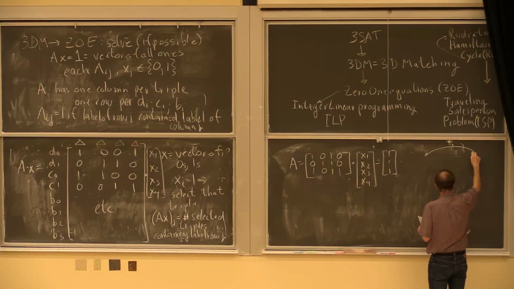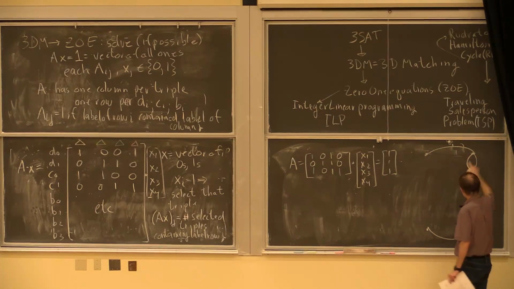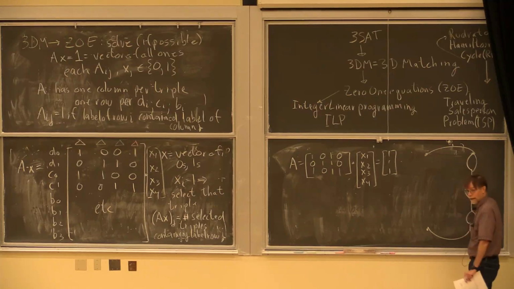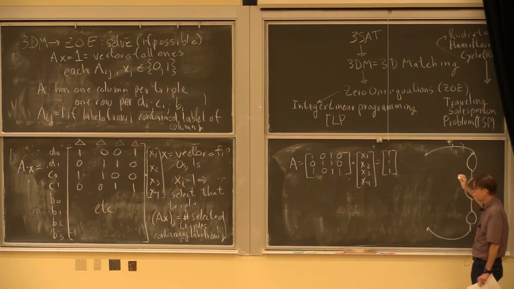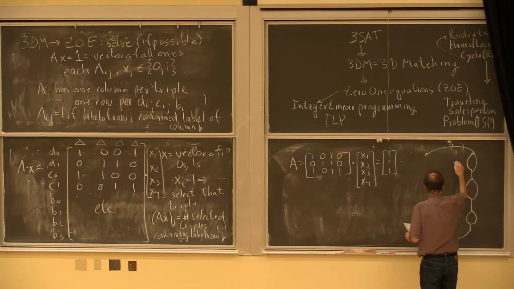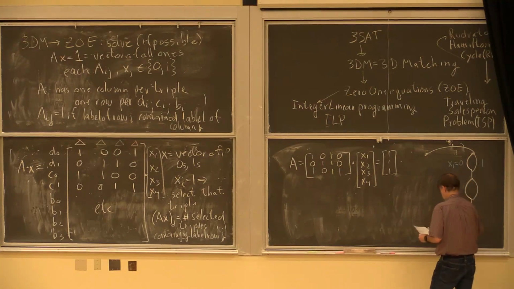So on this side, I'm going to enforce a choice, so there's just going to be a loop to go around this. And so I have to go all the way down here and all the way up here. And on each one of these, I have to decide left or right. That's going to correspond to is my variable 0 or 1. So I'm going to use this particular choice to distinguish between x1 equals 0 or 1.